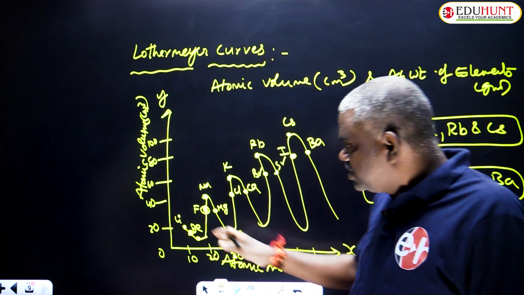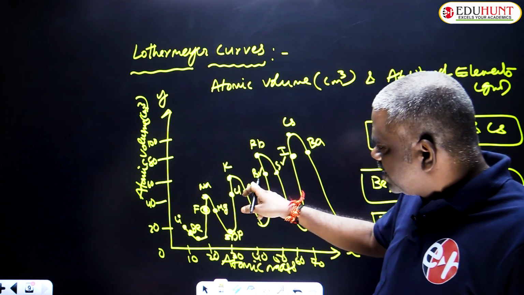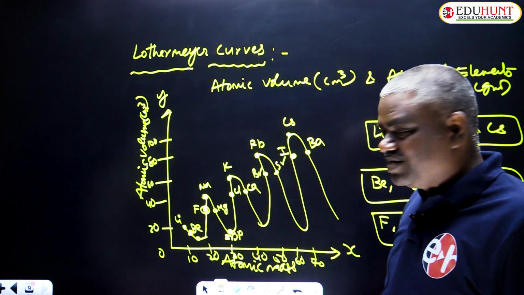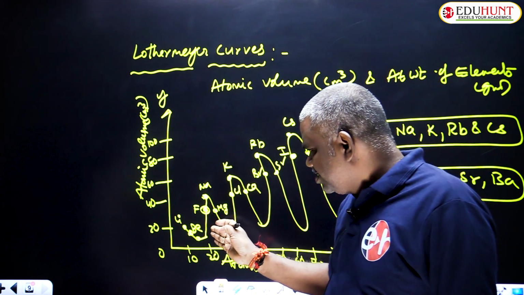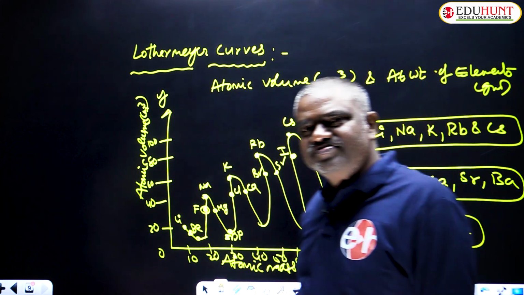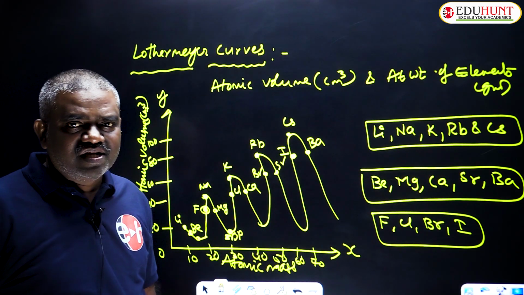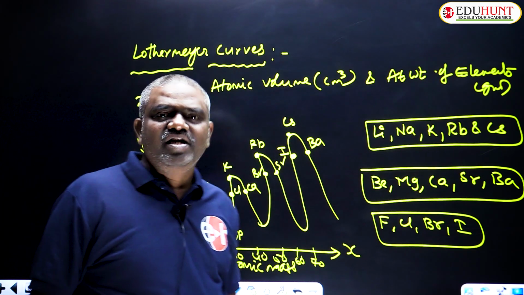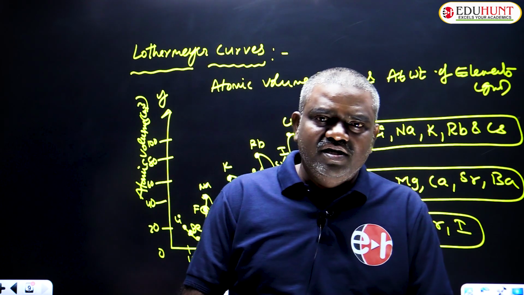In the descending line, beryllium, magnesium, calcium, strontium, barium occupy similar positions, so they also exhibit similar characters. In the ascending position, here fluorine, chlorine, bromine, iodine, these also exhibit similar characters. So based on Lothar Meyer's theory, the elements are arranged in particular groups.